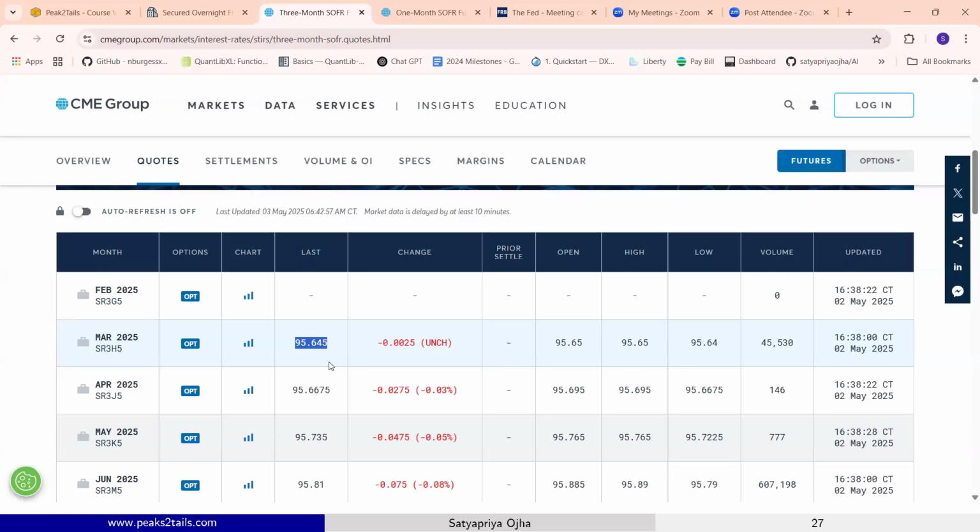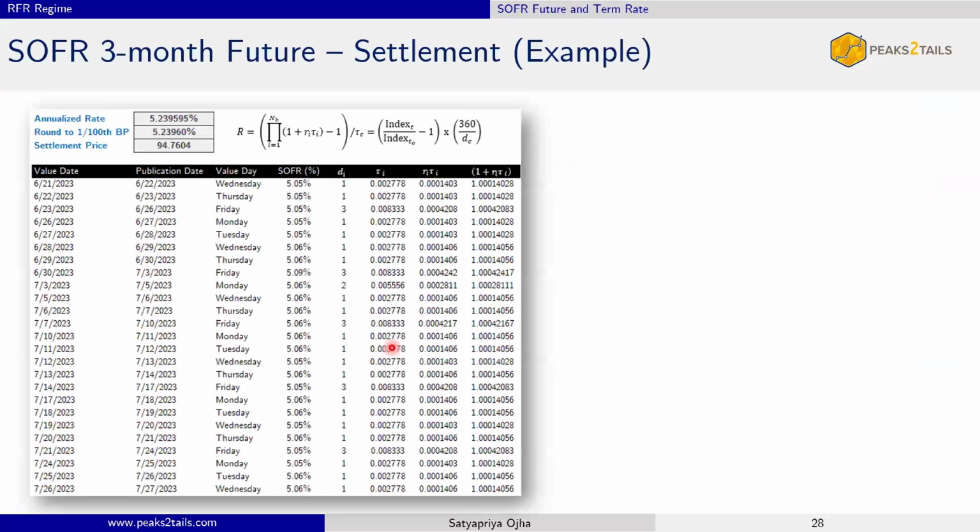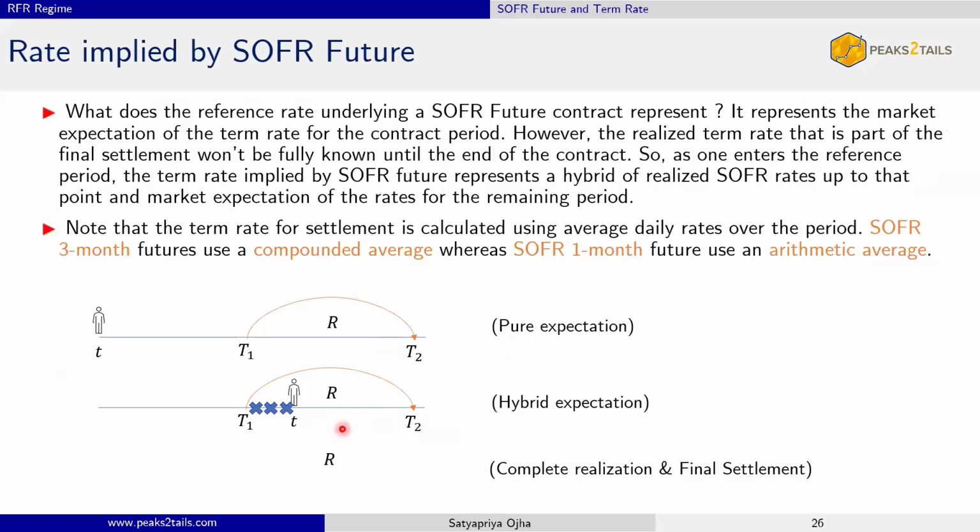But between March and May 1st, SOFR rates have been published. So if we go back to the slide, look at this: from the 3rd Wednesday of March to today, the rates have been published. The overall rate for the SOFR 3-month future is from March to June, but it is partly realized, partly known already. The remaining part is not known.